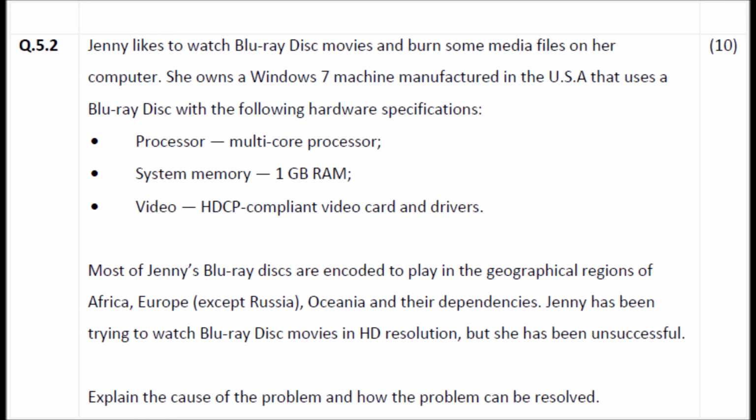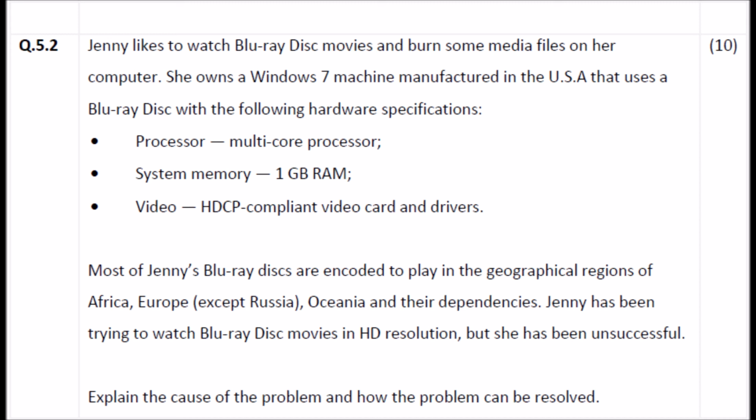So if the region code change limit has not been exceeded, because remember you can change your specific region using your Device Manager, then you need to change to the region code on the actual Blu-ray disc. In this particular instance, you need to change it to B to match the geographic region location.